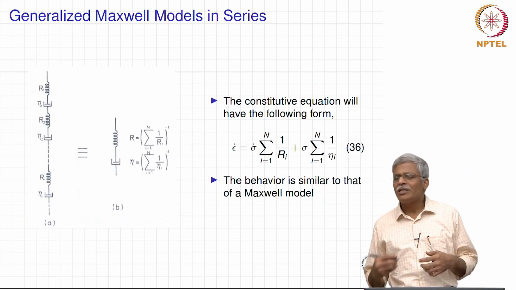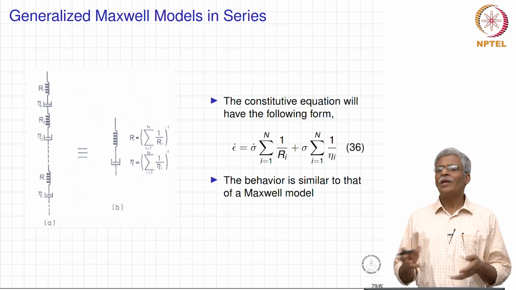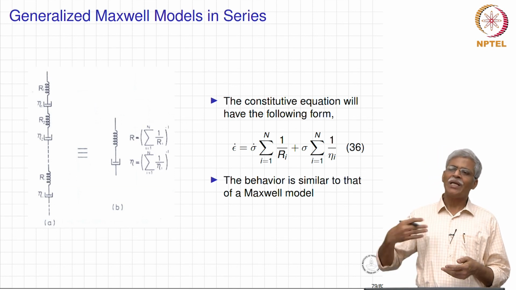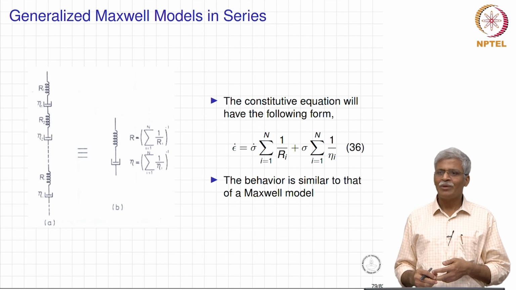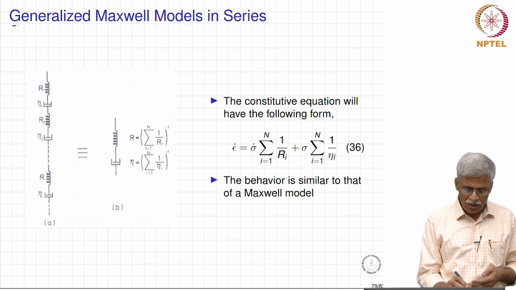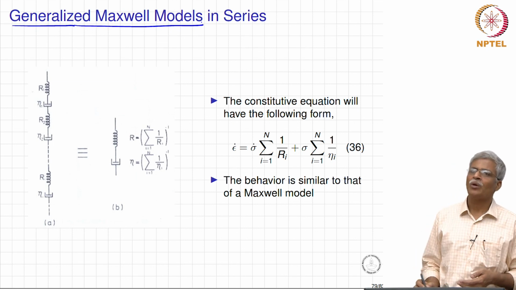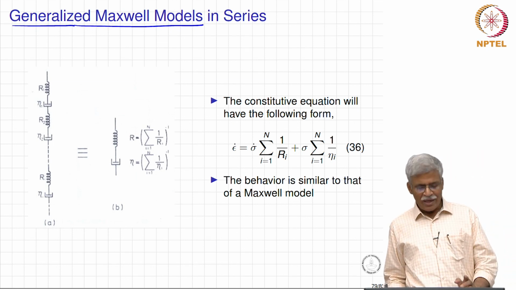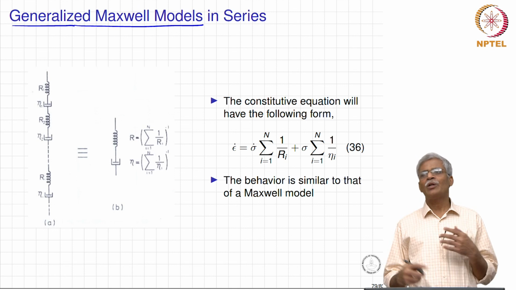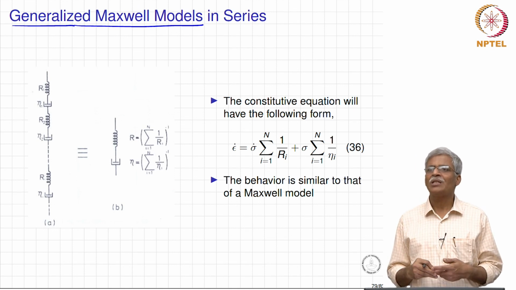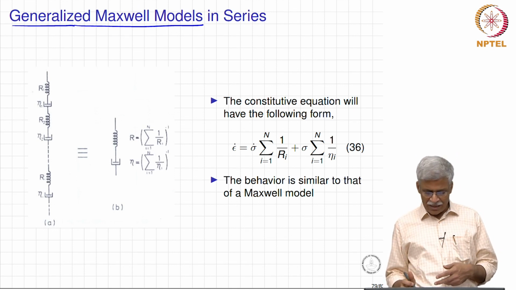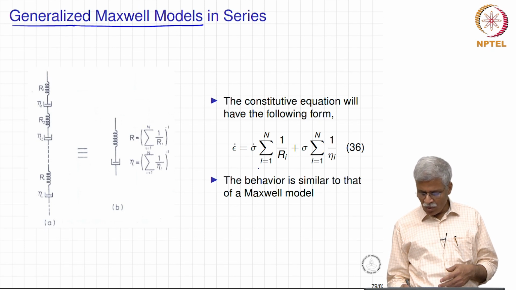In fact, it is not necessary that 2 relaxation times are good enough. We can actually have many relaxation times, and so that is why we go for generalized Maxwell models in series. That means you can have many Maxwell models having different values for springs and dashpots connected in series, and so the expression more or less will be of this particular type.